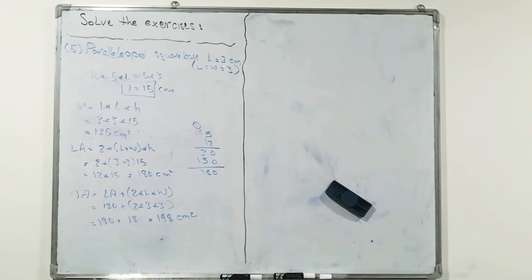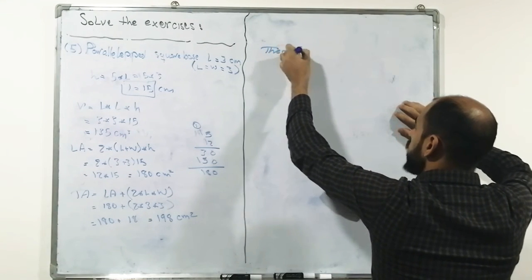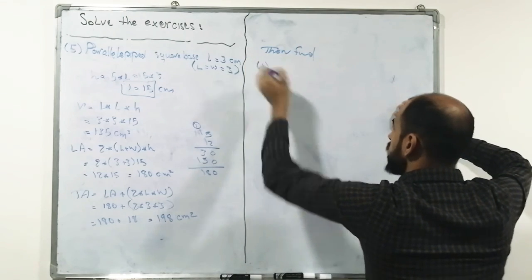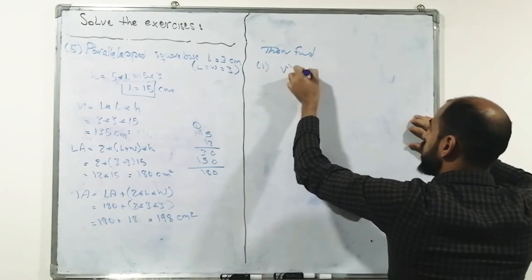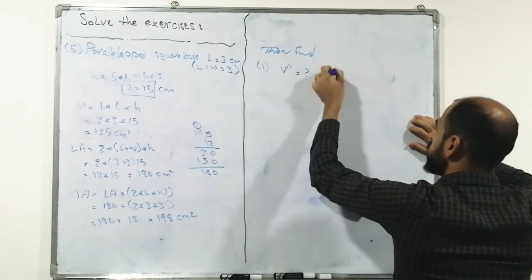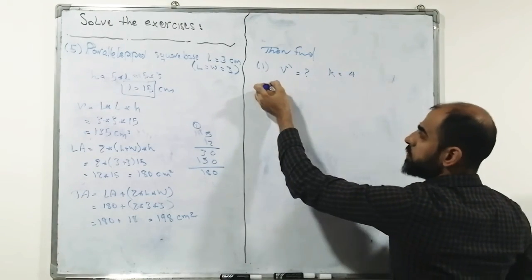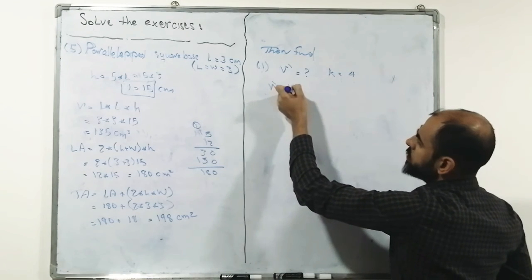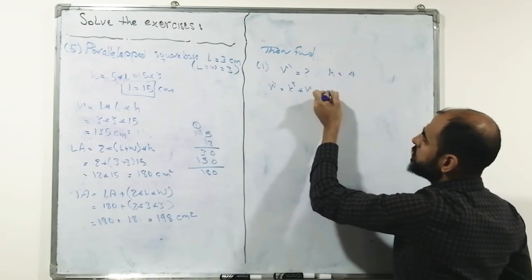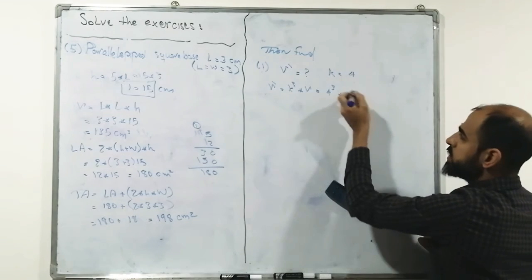In this question, he told us to find first its volume V dash with dilation coefficient equal 4. Now the volume after dilation equal k to the power 3 by V, and k to the power 3 is 4 to the power 3 multiplying by the original volume of the shape, which is 135.